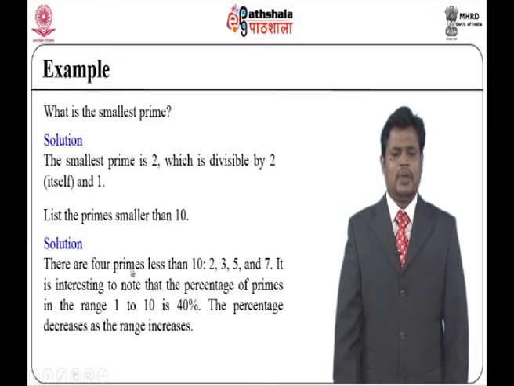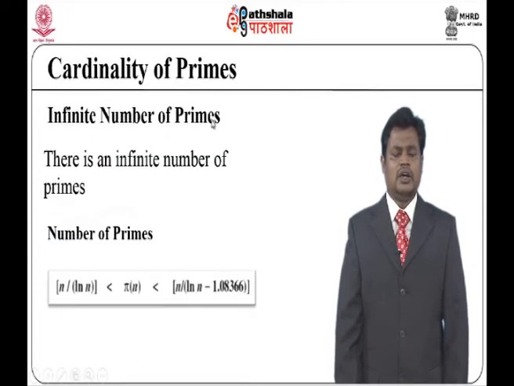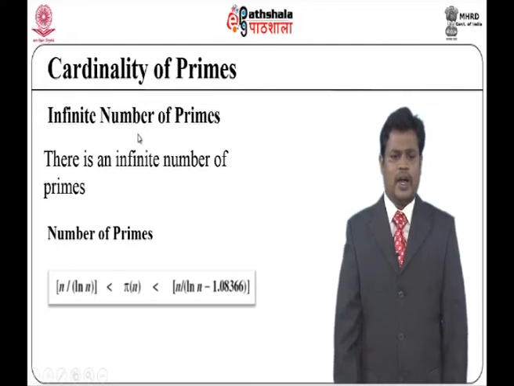In the previous example, the primes smaller than 10, where n is equal to 10, phi of n gives 2, 3, 5 and 7. That means phi of n is equal to 4. So the cardinality is the number of prime numbers for a given n. The question may arise in our mind whether it is finite or infinite.